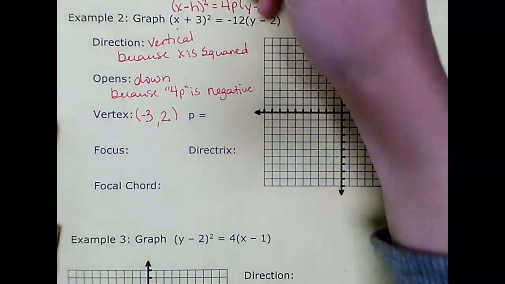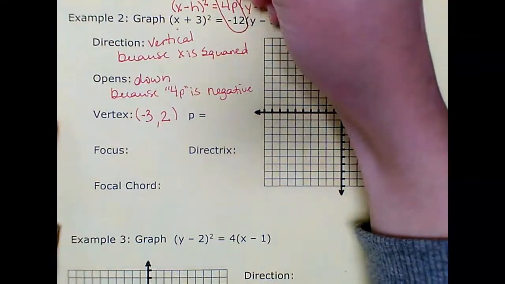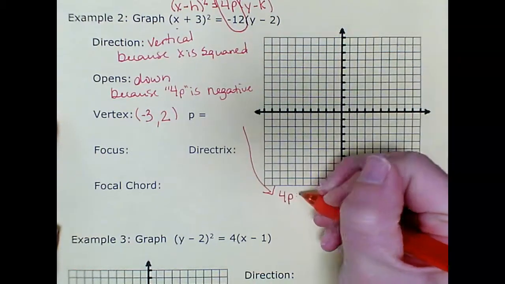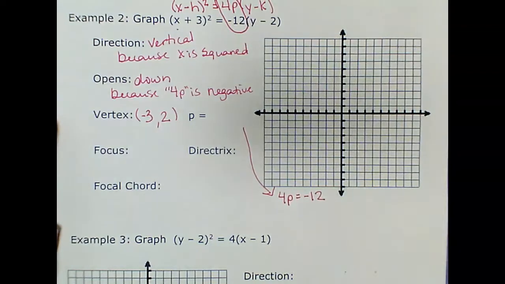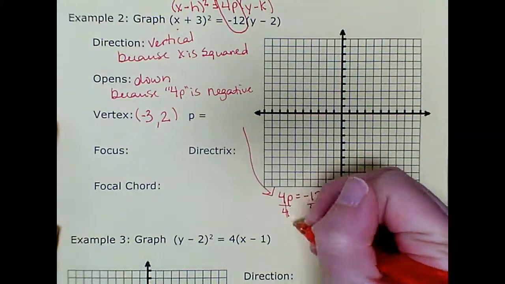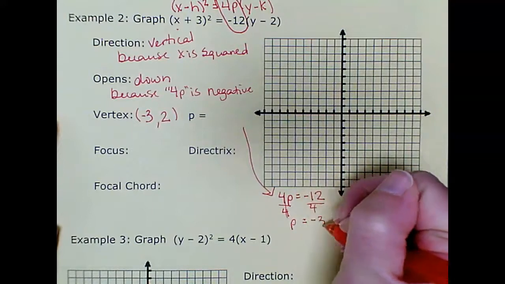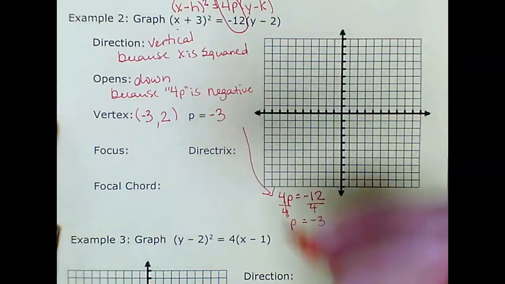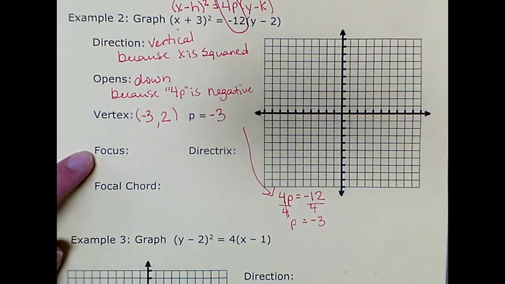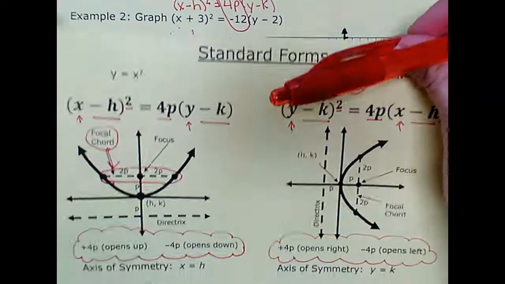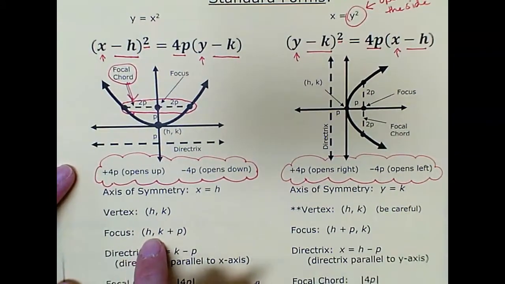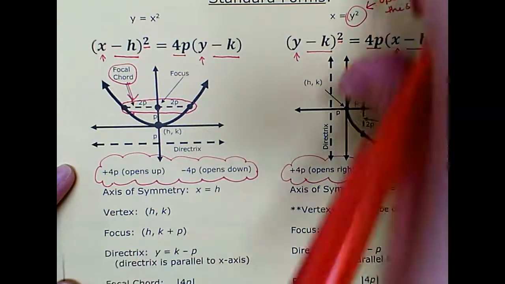The p value I get from doing a little bit of math. If 4p equals negative 12, then what does p have to equal? Well, if I divide by 4, p has a value of negative 3. My focus, if I go to the front and I look at the correct graph, my focus is (h, k + p).